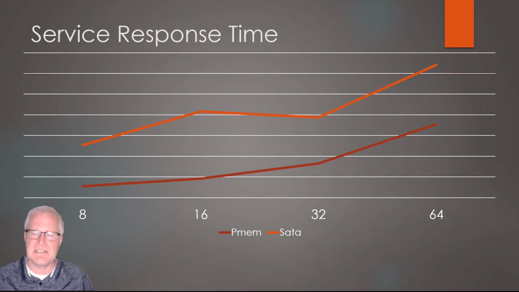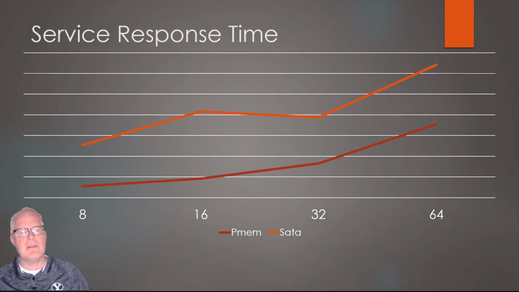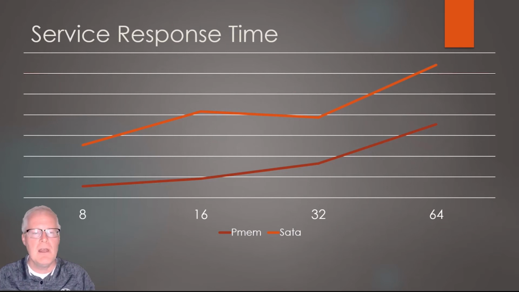And I ran this test several times because I thought that was a little bit of an anomaly, but it turned out to be correct. Also at 32, it dips a little bit and then back up at 64. So we're getting around 2x performance improvement, and this was response time on 100% of the operations. If I decrease it down to 50% of the operations, the difference is even greater, which is pretty incredible.